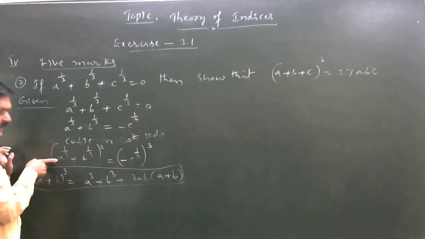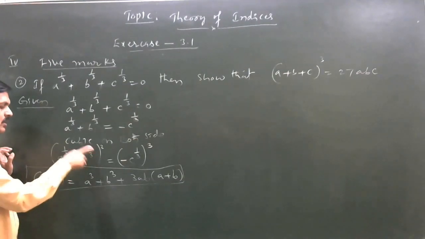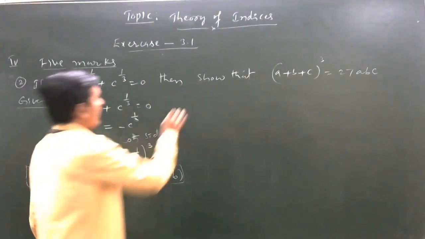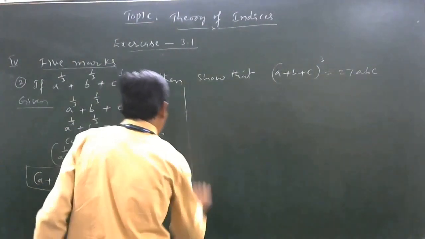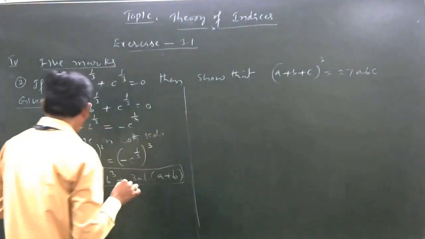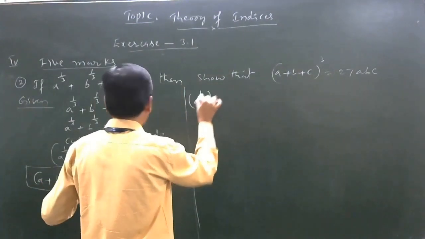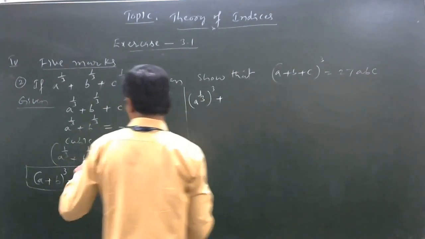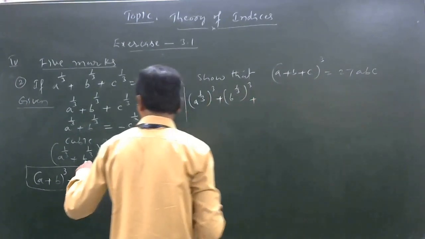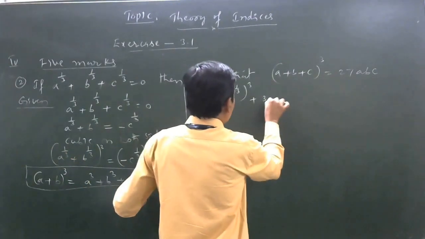Here a power 1 by 3, consider it is a, and b power 1 by 3, consider this total value b. Here applying this formula, a cube, here a power 1 by 3 whole cube, plus b cube, b power 1 by 3 whole cube, plus 3ab, 3 into a.